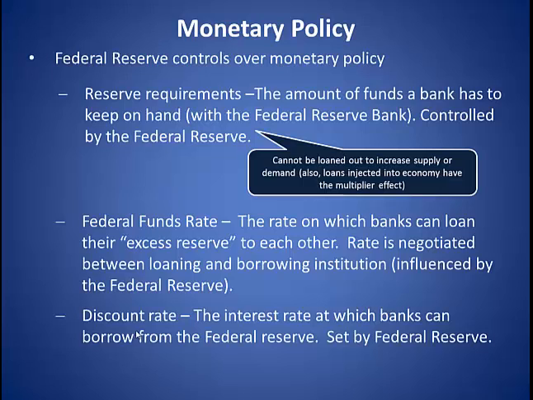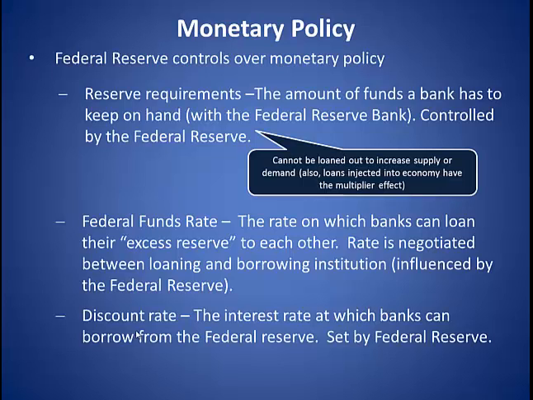If the Federal Reserve says there is a 10% reserve requirement, that means a bank must deposit 10% of its funds with the Federal Reserve Bank, which means the amount of funds it can actually lend out in the economy is only 90% of the total, not 100%.